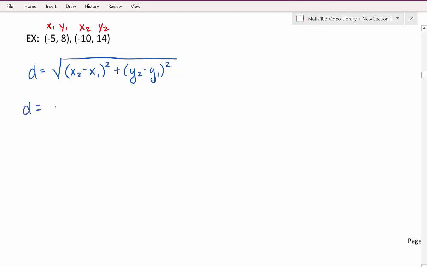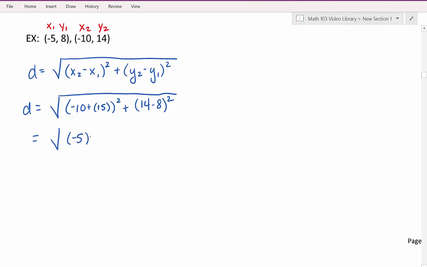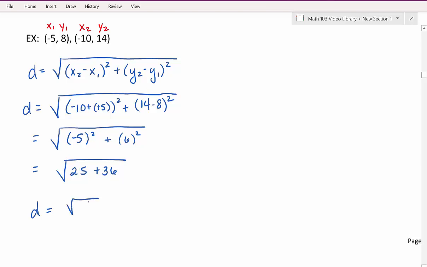We get our distance to be equal to the square root of (-10 minus -5) squared plus (14 minus 8) squared. This becomes -10 plus 5, so we'll have (-5) squared plus 6 squared. That's the square root of 25 plus 36, giving us a distance of the square root of 61.